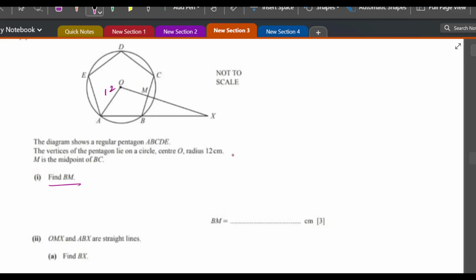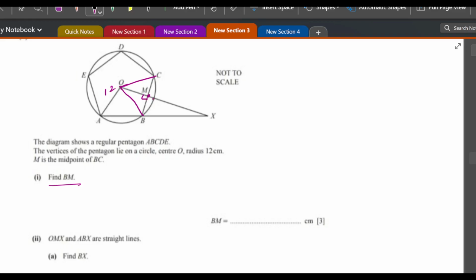So to find BM, let me join OC and OB. And as M is the midpoint of BC, the angle OMB is going to be 90 degrees.